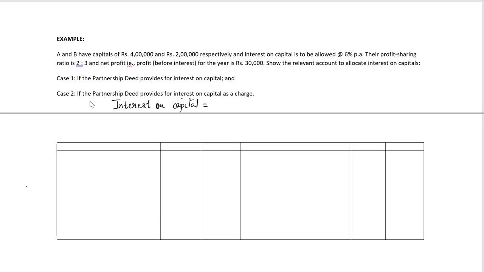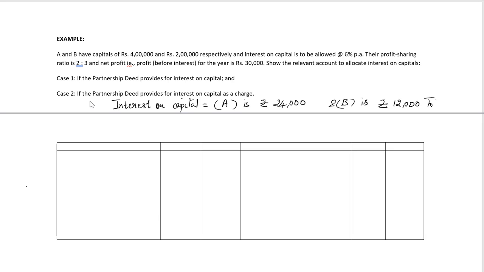Interest on capital in the case of A is 6% of rupees 4 lakh, which is 24,000, and for B, 6% on rupees 2 lakh, which is rupees 12,000.